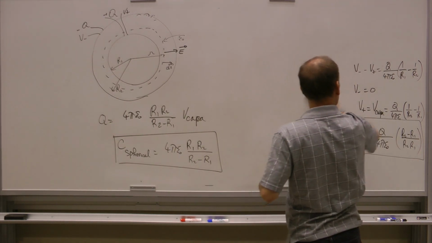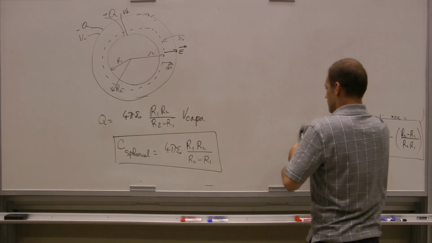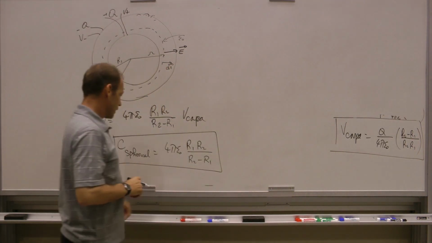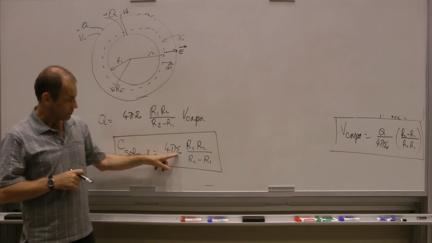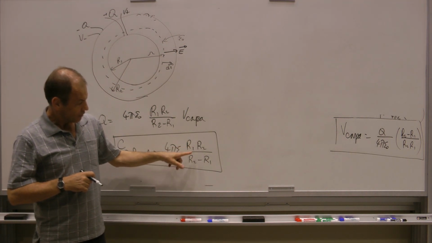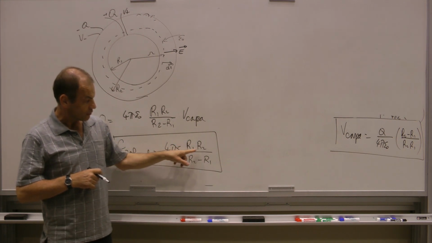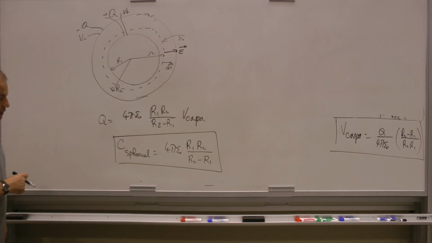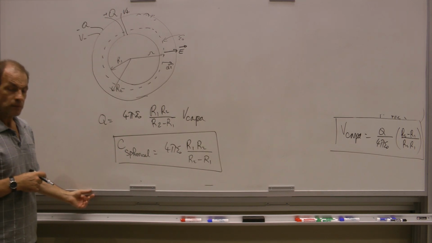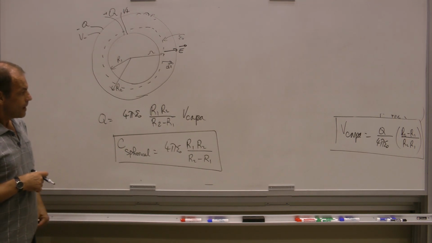I apologize for that. And let's look at units. Well, units, we got epsilon 0 times the ratio of distance squared over distance, which gives us a distance, so epsilon 0 times the distance. This indeed gives the correct unit for capacitance.